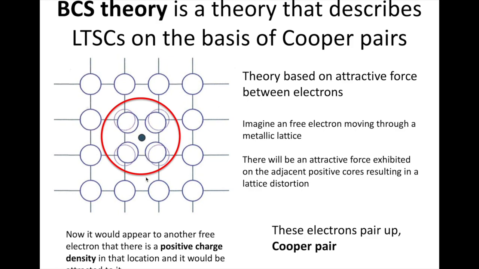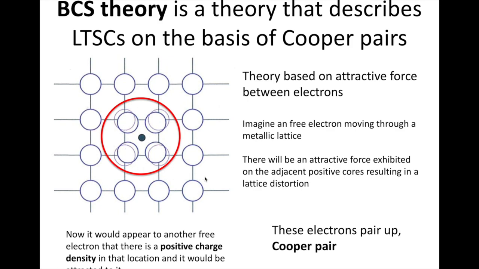If you are another free electron, what you see in that vicinity is something that has a positive charge density, right? Because that free electron has basically moved positive charges towards it. And so any other electron nearby is attracted to that positive density that it sees.